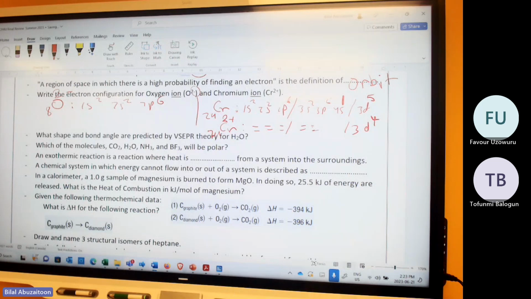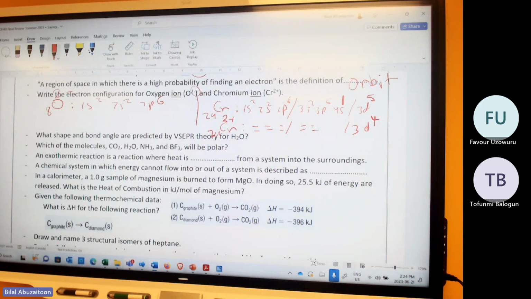Yes? One from the s for s1 and one from the d5 to become d4, right? Okay, so here, this one is missing, and one electron from the d5 became d4, okay?